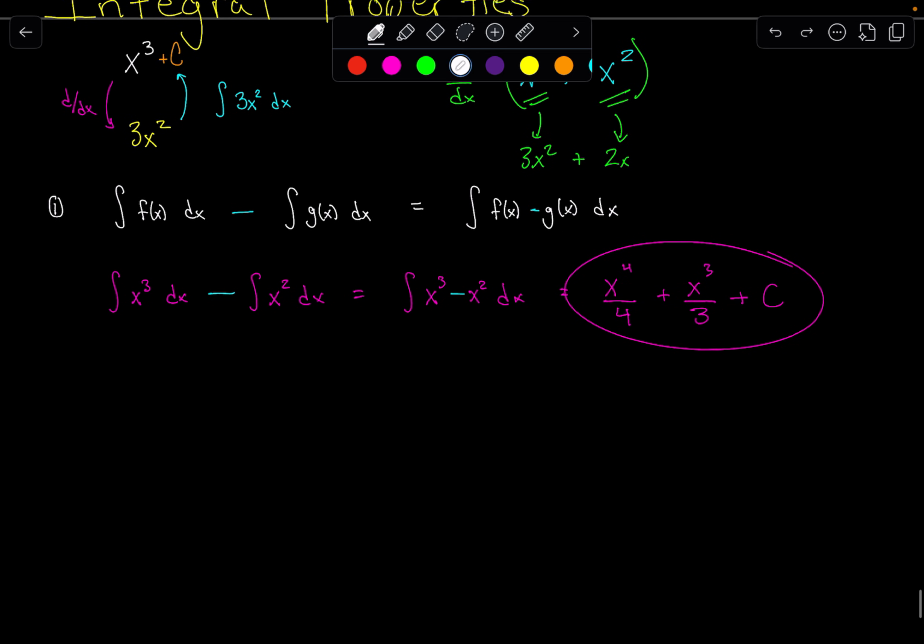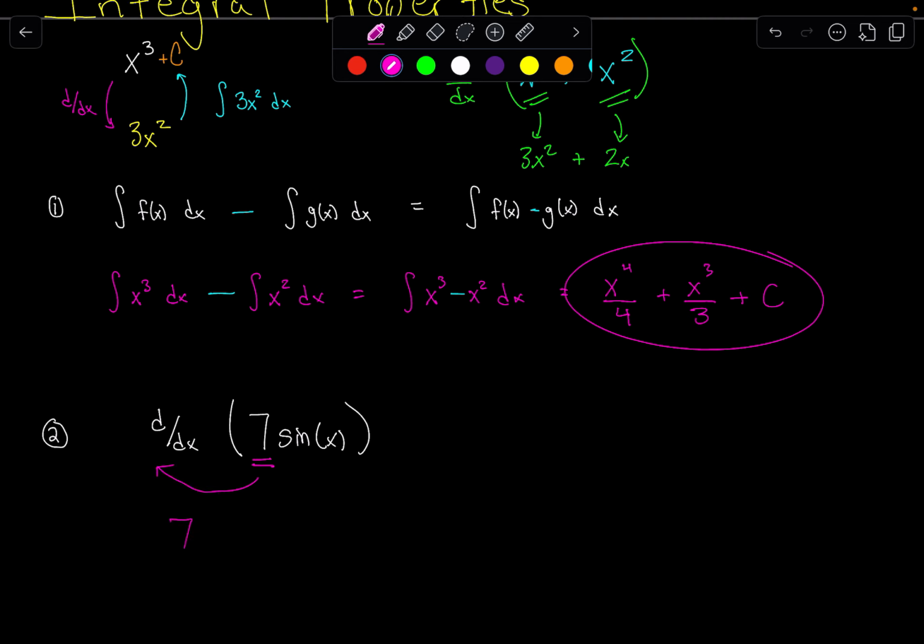One other interesting property that the derivative had was, let's say I said, find the derivative of 7 sine of x. What we could do is take this coefficient here, and we could always pull it out and put it in the front.